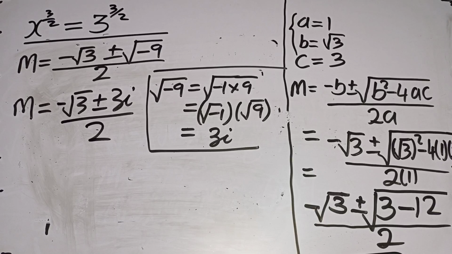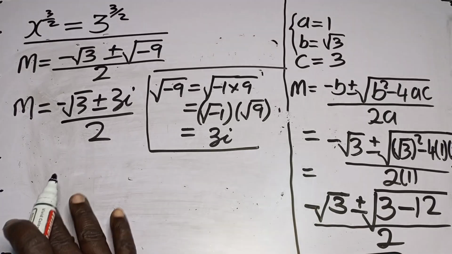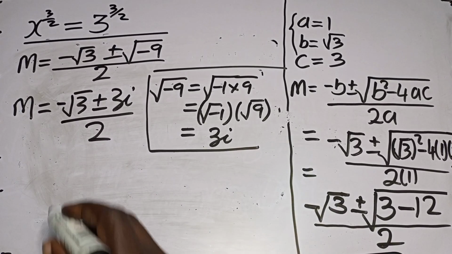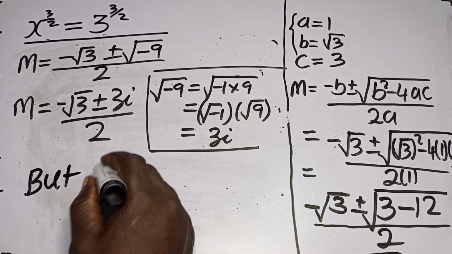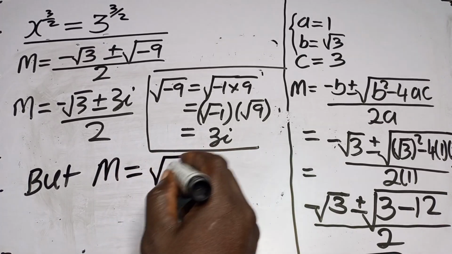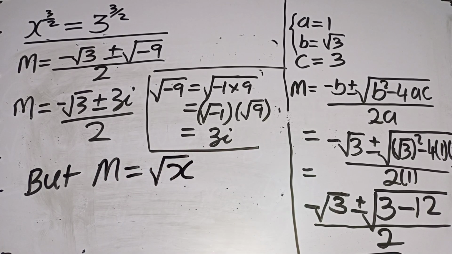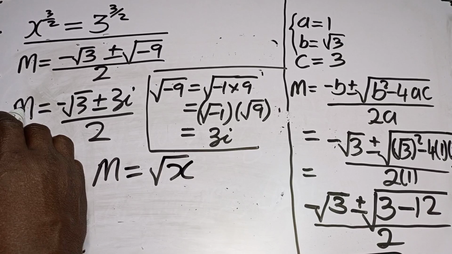Pay attention, remember we're asked to solve for x and not m. So how do we bring in our x? The relation between m and x is m equals root x. So let's place this on the left hand side.